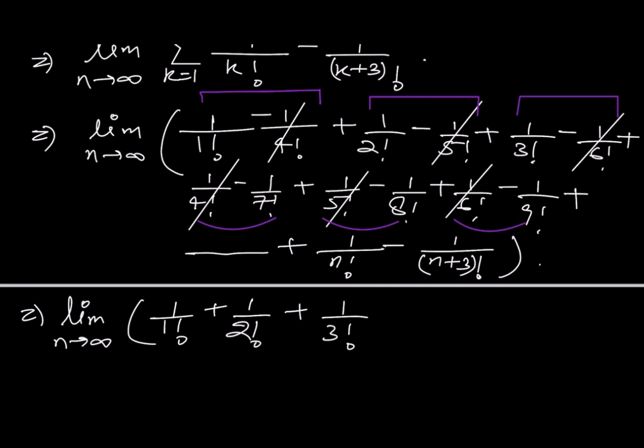So in total, if I count all brackets up to n, then in the very last three brackets, the second terms will remain as it is in terms of n, like minus 1 upon n factorial, minus 1 upon (n plus 1) factorial, minus 1 upon (n plus 2) factorial, minus 1 upon (n plus 3) factorial, right?